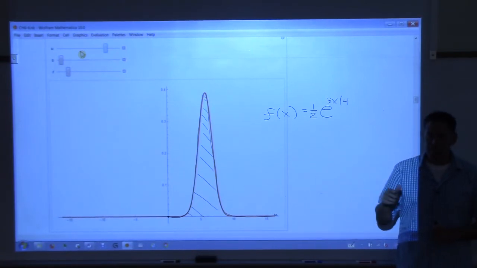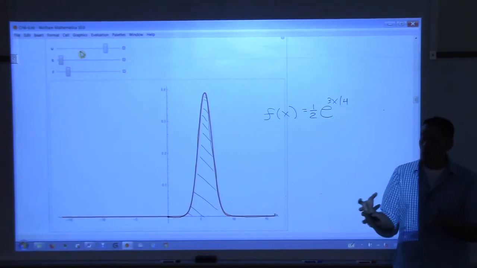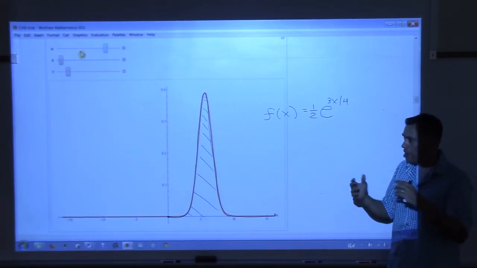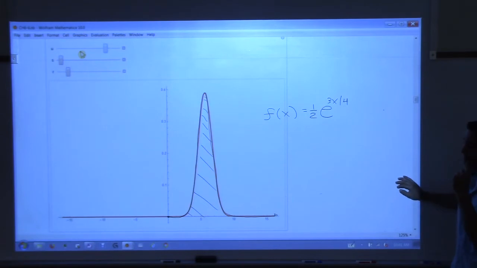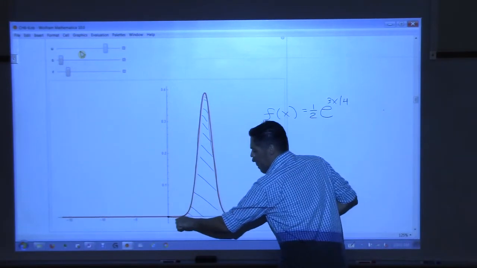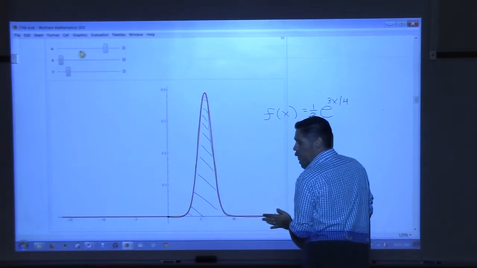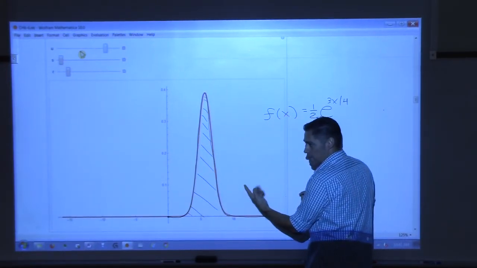Each outcome has an equal probability, 1/6. The sum of all probabilities has to be 1. That's a fundamental principle of probability. The probability of the sum of all the events must equal 1, which means the area underneath this entire curve would have to be 1.